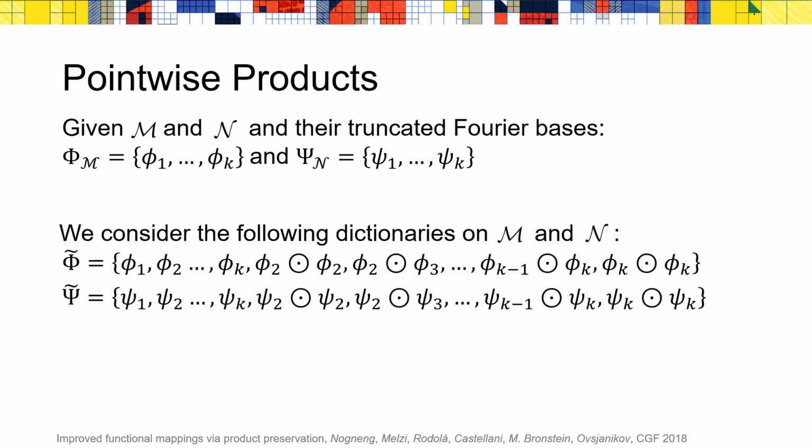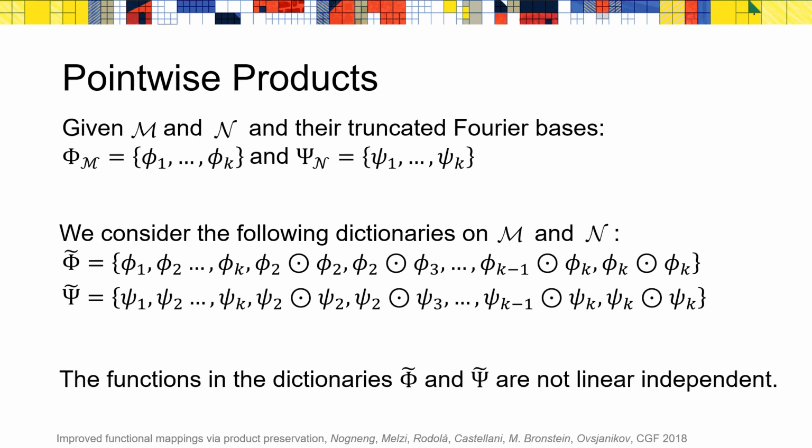Then we can compute the pointwise product of all these eigenfunctions for the two shapes, and we can store them together with the original eigenfunctions in a dictionary, phi tilde and psi tilde, and then we can try to represent the functions defined on the two shapes through these two dictionaries.